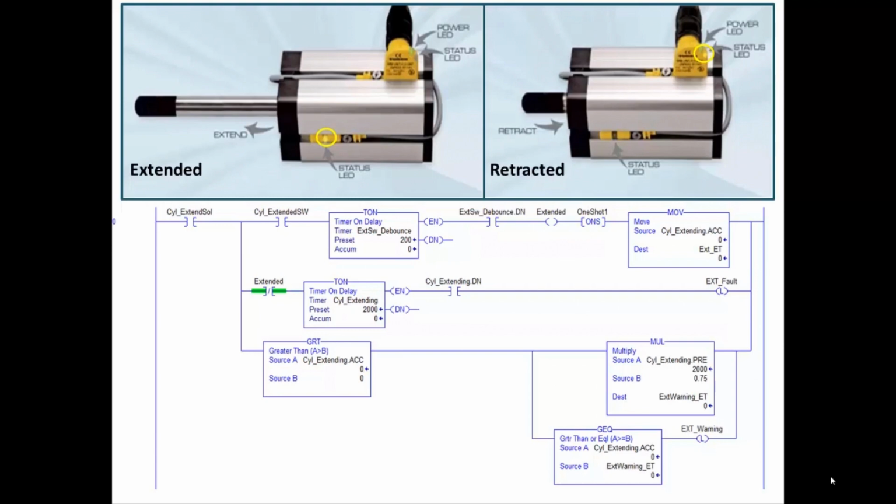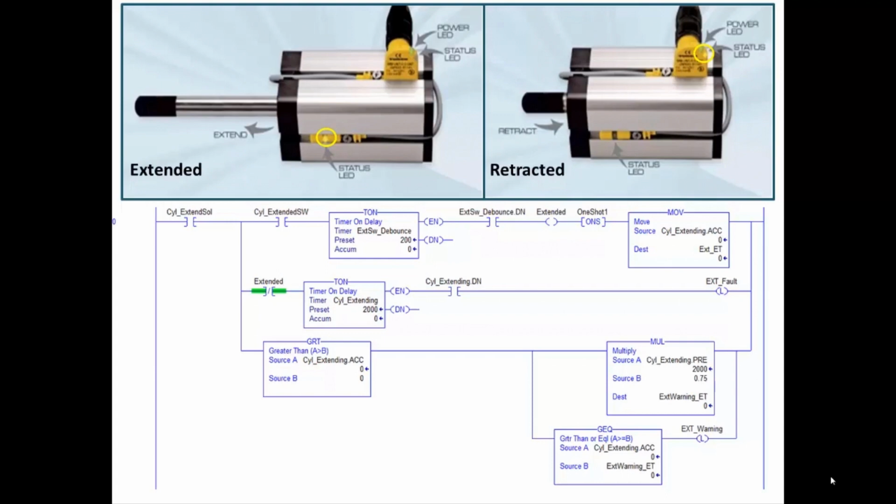We don't want to provide the rest of the logic an input that flickers on and off a couple times before it settles down. So the debounce timer is not totally necessary. You could just drop that down to a preset of 0 or 1 if you really don't need the debounce. But the debounce is there just in case you need it.